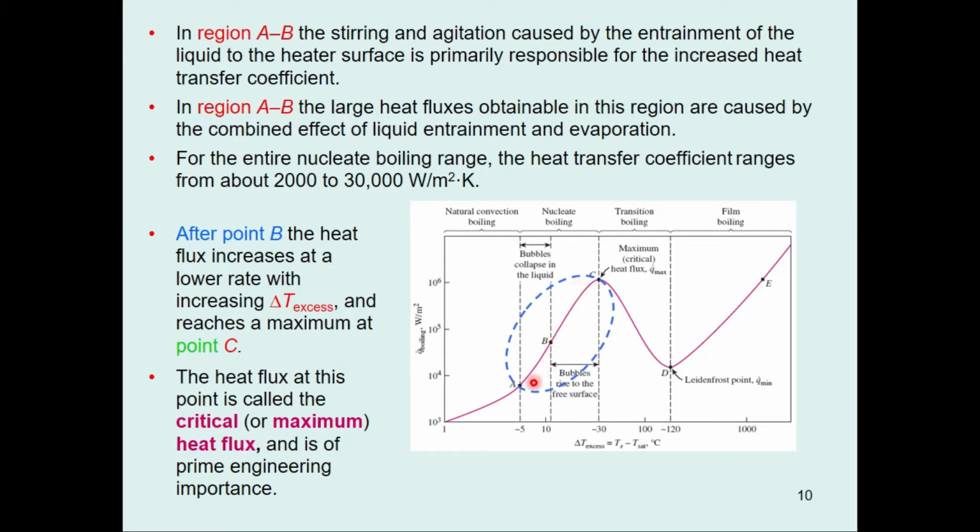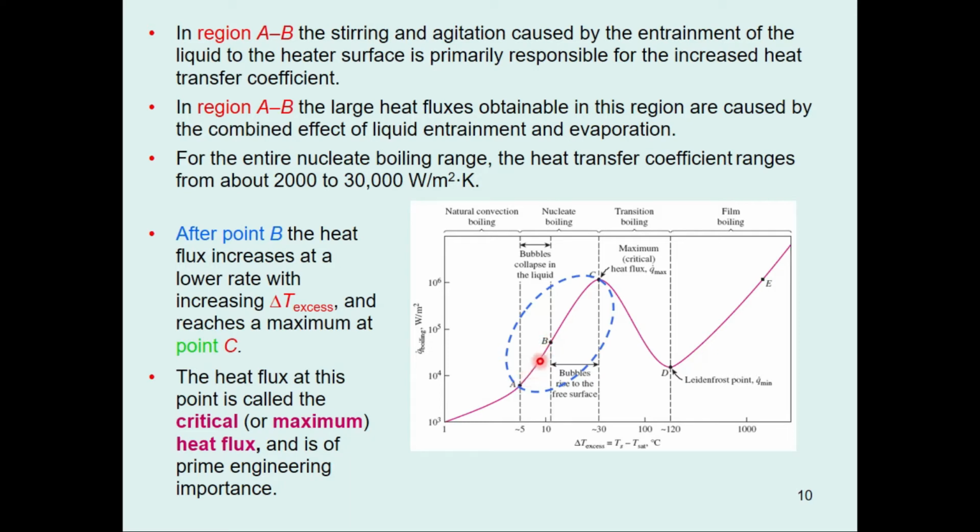So in this boiling curve, we have just seen that from point A to B, the heat flux increases very fast, and as I said earlier in the previous slide, this is a steeper curve, so the heat flux is very high and it is increasing sharply, right?